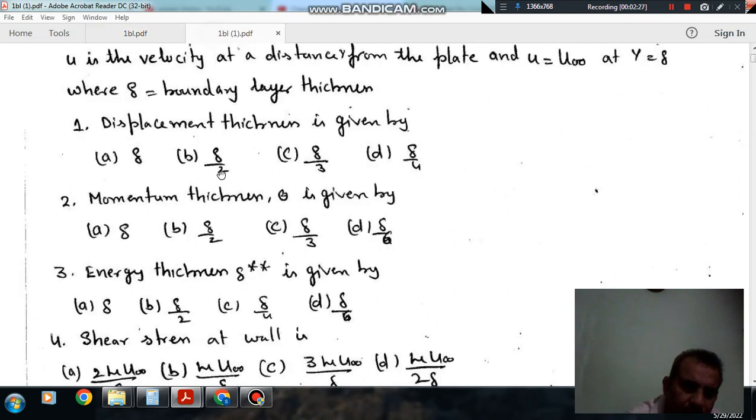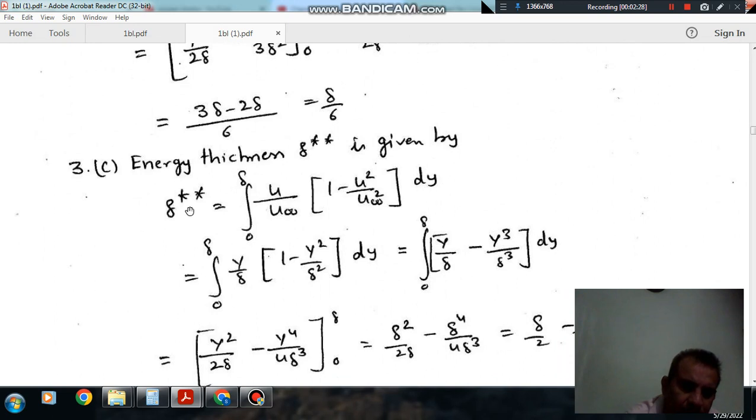Next is energy thickness. Energy thickness is given by delta double star, and it is the integral of u by u infinity bracket 1 minus u square by u infinity square bracket close dy, with limits 0 to delta.